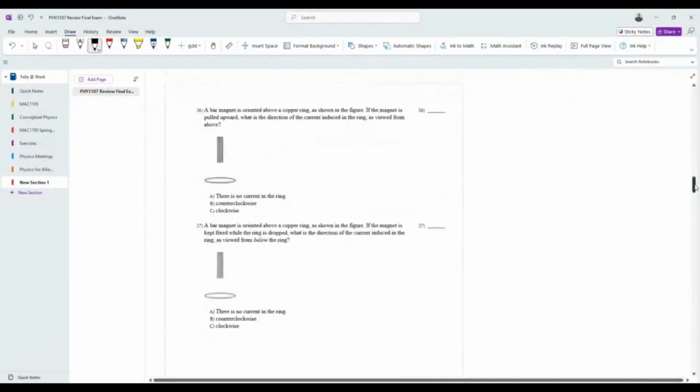Now look at these other problems. They say that a bar magnet is oriented above a copper ring, as shown below. If the magnet is pulled forward, what is the direction of the current induced in the ring as viewed from above? So what happens here? We have our magnet.